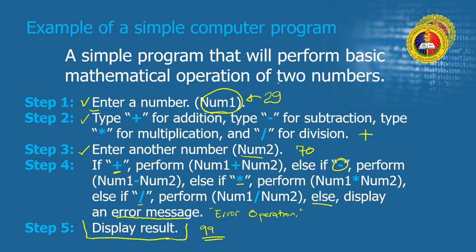However, if for example three numbers, gananta mo hatag og three numbers, then we can add more steps because our step here is only for num2. So after siguro sa step 3, we can add maybe step 4.